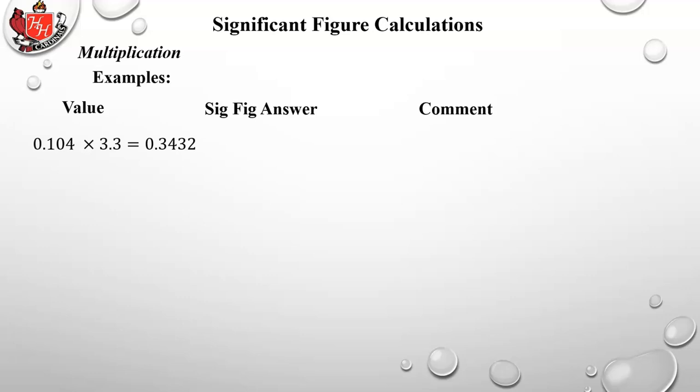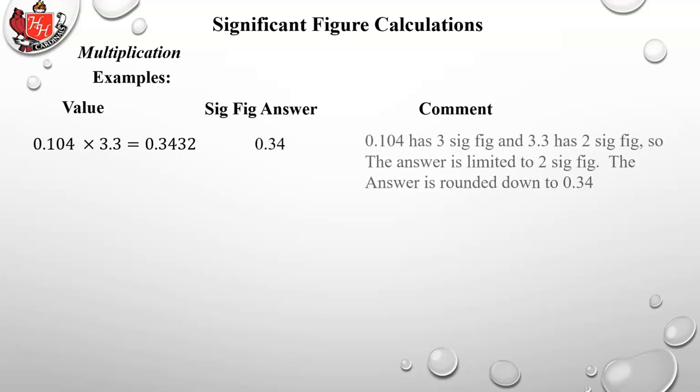Okay, pause. Okay, and you get 0.34. 0.104 has 3 sig fig and 3.3 has 2 sig fig, so the answer is limited to 2 sig fig. The answer is rounded down to 0.34.